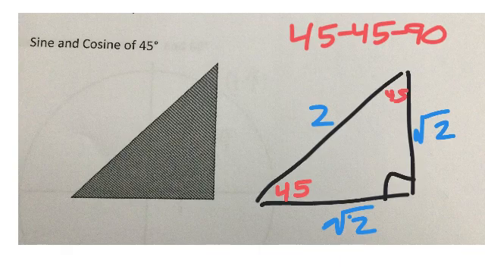So what I'm getting to is, I can find another triangle that is proportional to this one. Because really the triangles that we're dealing with all have a hypotenuse of 1. Because everything we're dealing with is in a unit circle.